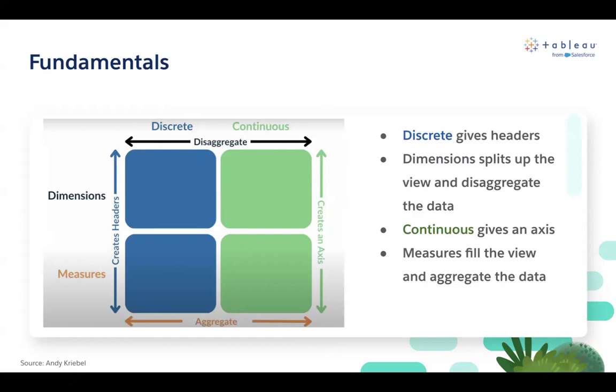But when you pull in a measure, it will always fill the view and get aggregated. Similarly, when you pull in a discrete field, it will give you headers, and when you pull in a continuous field, it will give you an axis. Don't worry, I'm going to explain it in Tableau so you will understand these concepts.